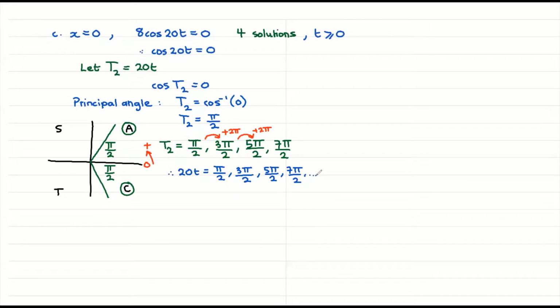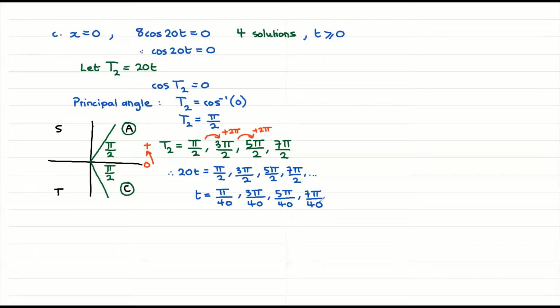Now we have to divide by 20 to get our t values. So t is going to be pi over 40, 3 pi over 40, 5 pi over 40, and lastly 7 pi over 40.